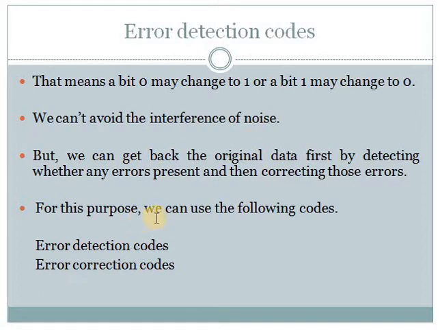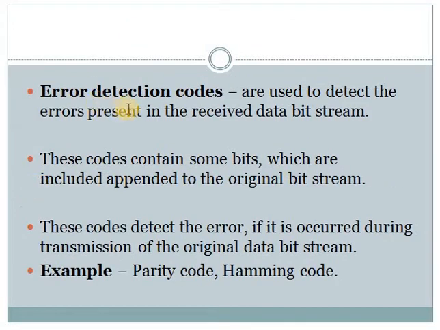For this purpose, we can use the following codes. One is the error detection code and another one is the error correction code. Okay, we will see them one by one. Error detection codes are used to detect the error present in the received data bit stream.